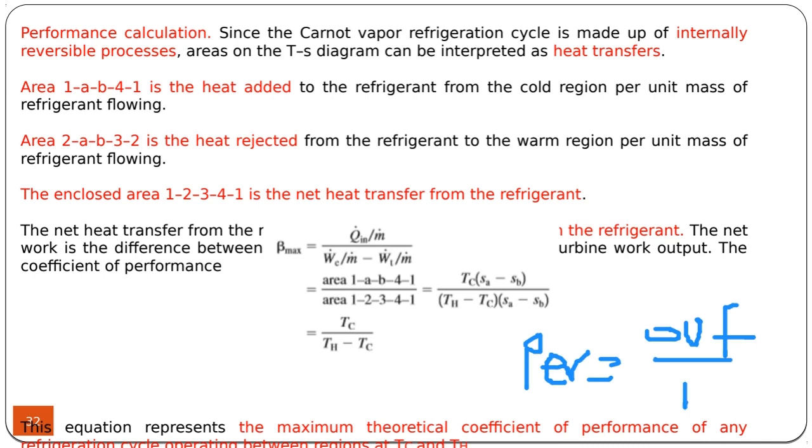For a refrigeration system, the output is the refrigeration capacity, and the input is the work added to the system. So for the Carnot system, the numerator is the cooling capacity and the denominator is the net work, which is turbine work minus compressor work.